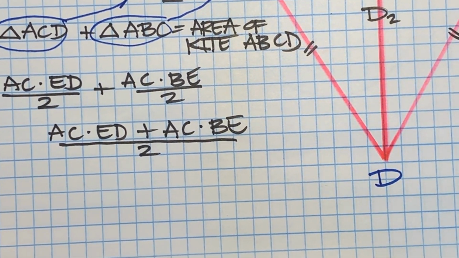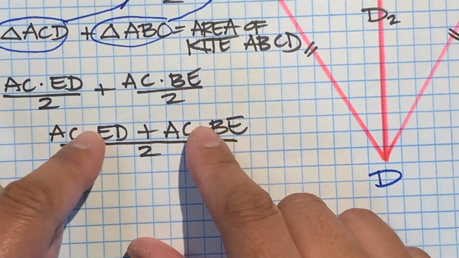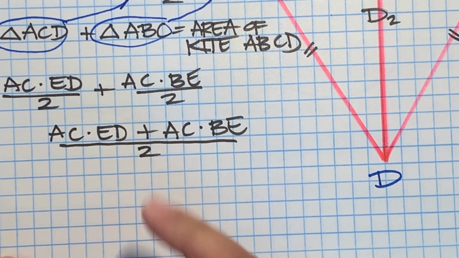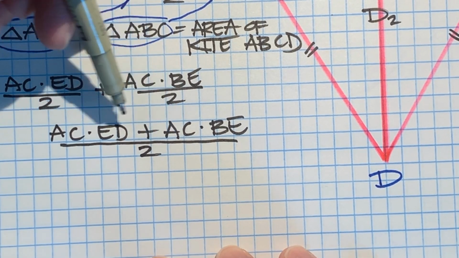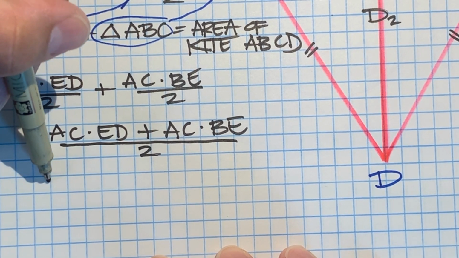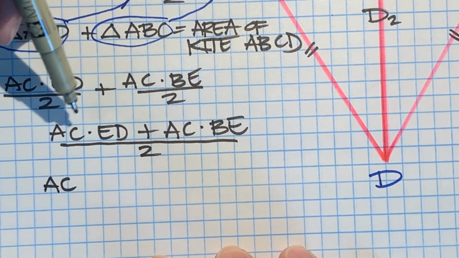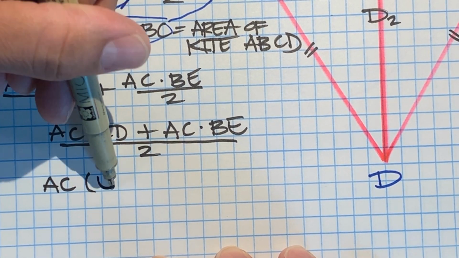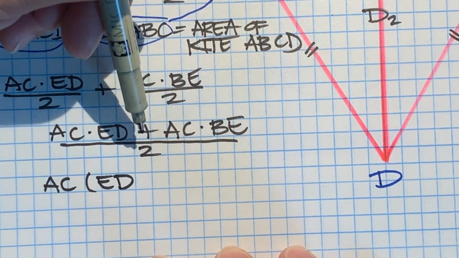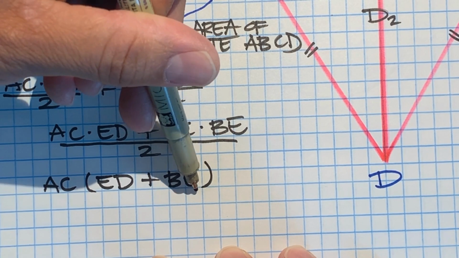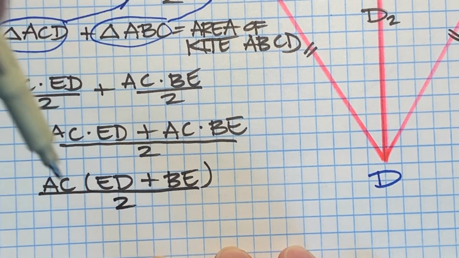And then some algebra. What do we notice about these two terms right here? They both have AC in them, so we can factor the AC out. So I'm going to take AC, so factor out the AC from both of these terms, and we're just left with ED plus BE over 2.